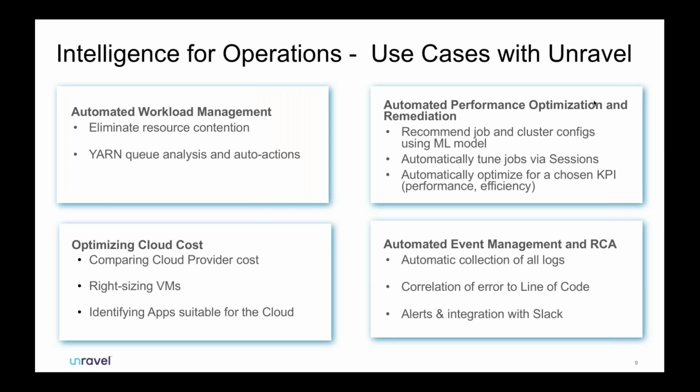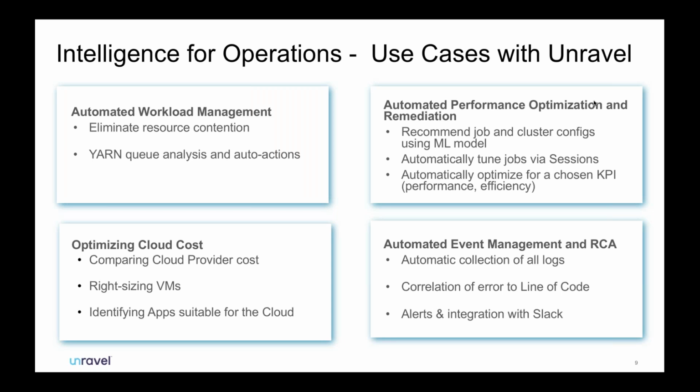The other really important thing is identifying which apps are really suitable for the cloud. The important point that the cloud gives us as an advantage is that we can control exactly what the flavor is. So how do we balance the scale between, for example, VMs that are more CPU heavy or memory heavy, depending on workloads.